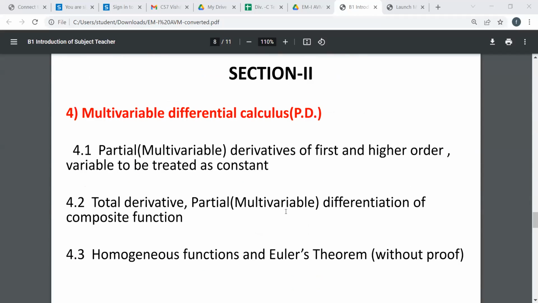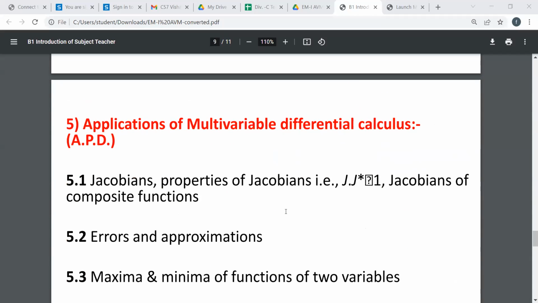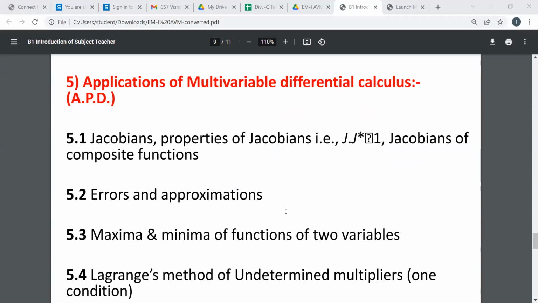In this chapter, we are going to deal with Jacobians, properties of Jacobians, J dash is equal to 1, Jacobians of composite function. The next points are errors and approximations, maxima and minima of functions of two variables. And lastly, we are going to deal with Lagrange's method of undetermined multipliers with one condition.